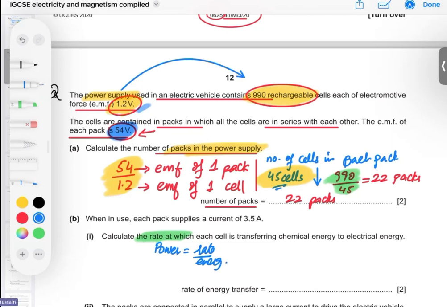I know each pack supplies 3.5 amperes and each pack is 54 volts. Power is current times voltage, so 3.5 times 54. Quickly use the calculator and tell me the answer.